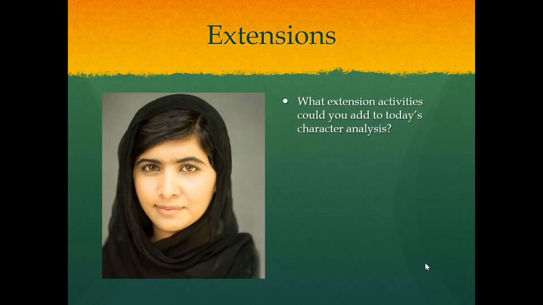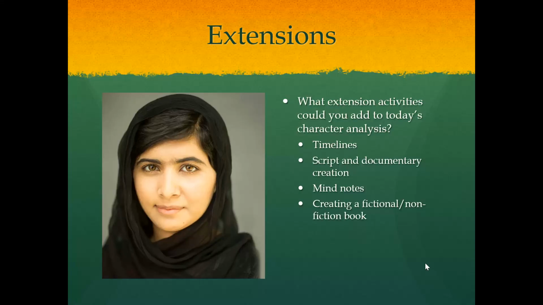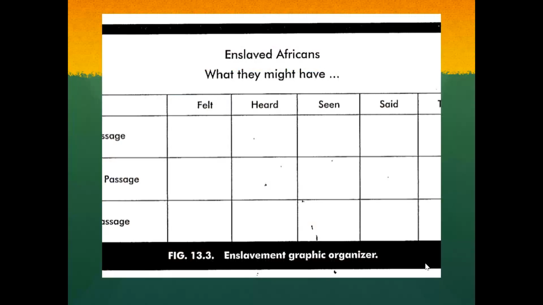If I had just given a synopsis of Susan B. Anthony to a group of students, the next thing I would do was maybe get them to create a timeline of Susan B. Anthony's life, write a script, or create a documentary about her life. Look at my notes. What is this person thinking? And kind of write down what that person might have been thinking. Create a book, create a living history museum, create posters or some kind of art.